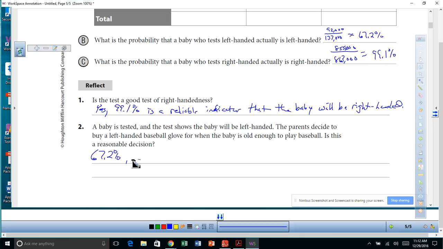So I would say no. The test is correct 67.2% of the time when the result is that the baby is left-handed.